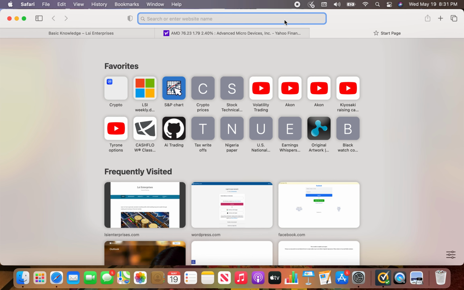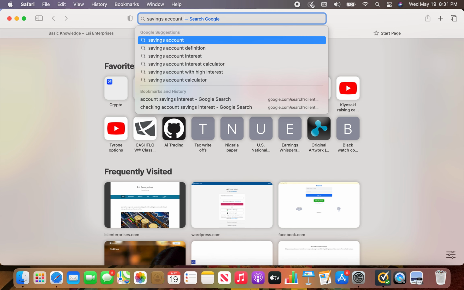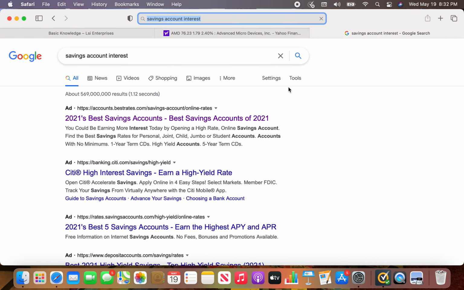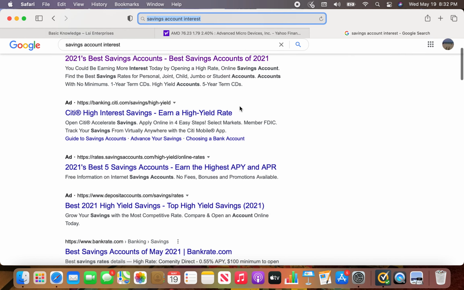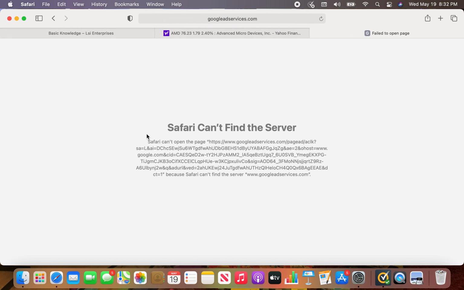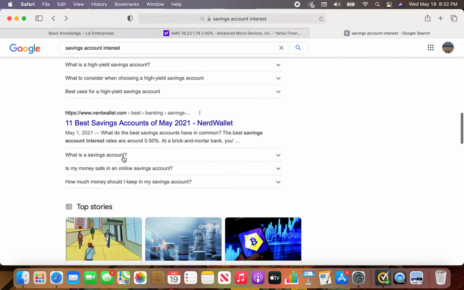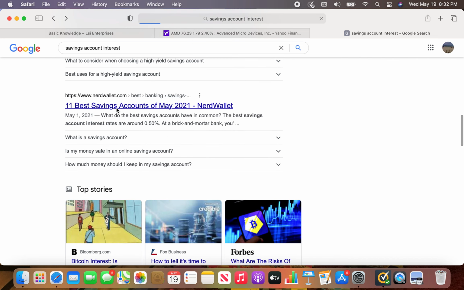Now let's compare this to something like savings account interest. And we're going to take the best ones out there. Let's see. Best 5 savings accounts. Let's see, this is supposed to be the top 5. Well, that doesn't work. Let's go to another. 11 best savings accounts of May 2021.